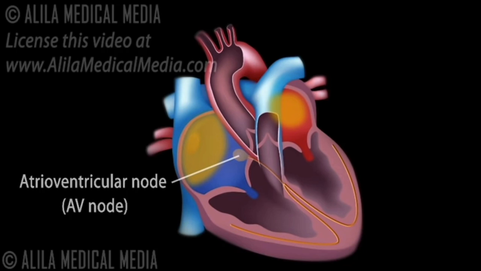But from a macroscopic perspective, its main purpose is to couple the excitation from the atria to the ventricles, but with a delay. There's an internal delay. This is the only place in a normal heart where there's electrical coupling between the atria and the ventricles.